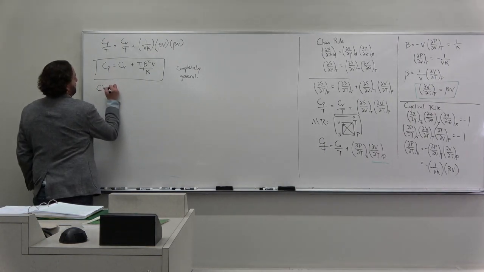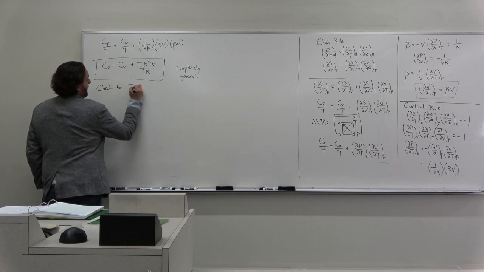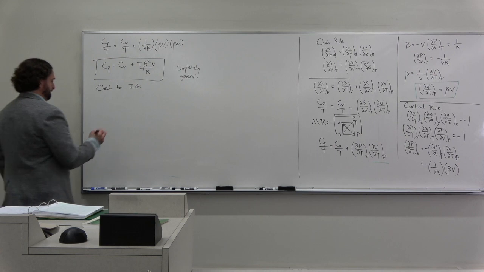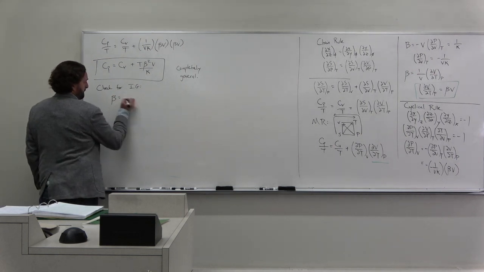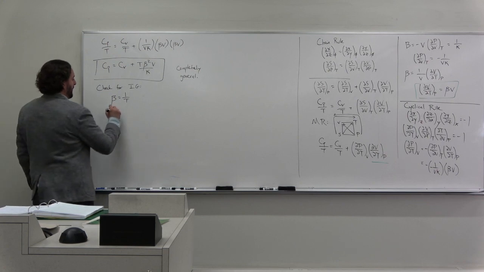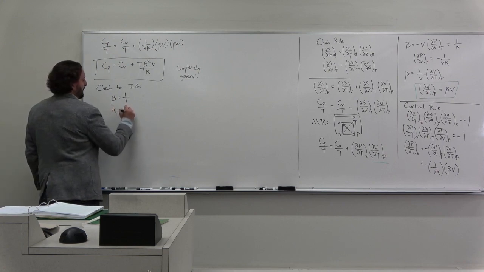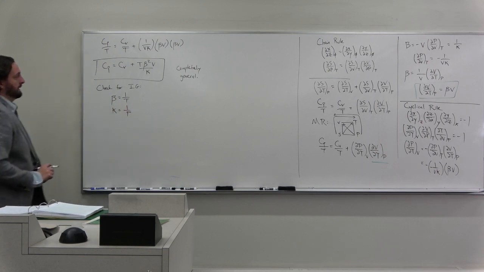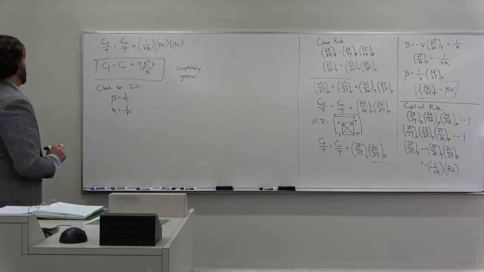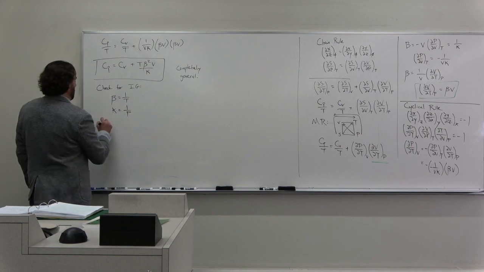But let's check for an ideal gas. If you remember, for an ideal gas, beta was proportional to 1 over T, and kappa was 1 over P. So we should put those in. Let's see what we come up with.